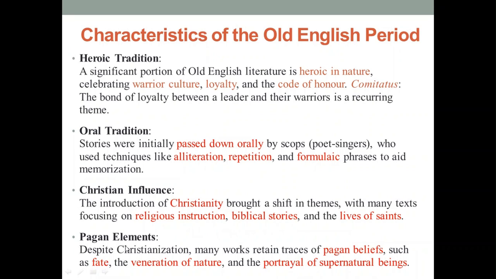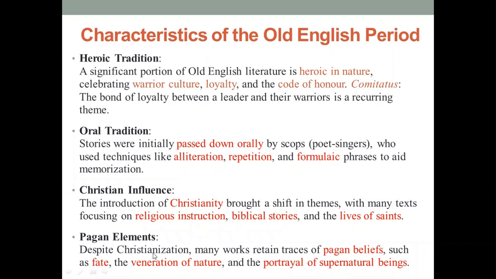The next characteristic is the pagan element. A pagan is basically a person holding religious beliefs other than those of the main religions, like Christianity, Islam, or Jainism. They have their own set of beliefs.